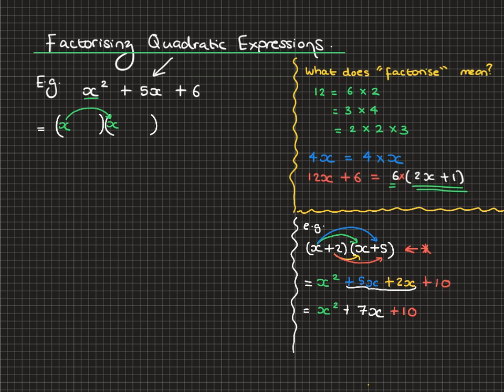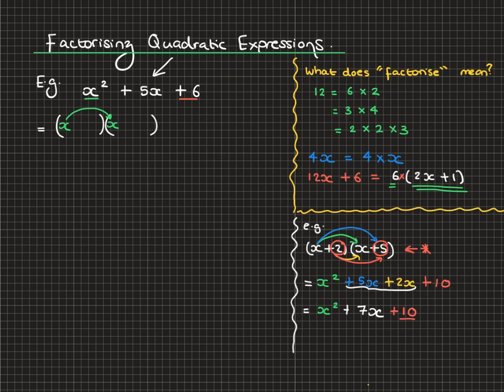Now let's turn our attention to the two numbers at the end. Over here we had a 2 and a 5, and they multiplied together to give us a 10 at the end. Now we have, in our example up here, a 6. So we need to find pairs of numbers that could multiply together to give us 6.